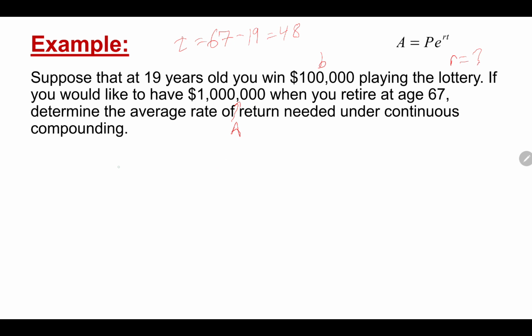So I want $1 million, 1,000,000, and it's equal to 100,000 times my e. R is unknown, but I know 48, so I'm going to write it 48r. And r is what I'm looking for. First thing, I'm going to divide off that 100,000 from both sides.